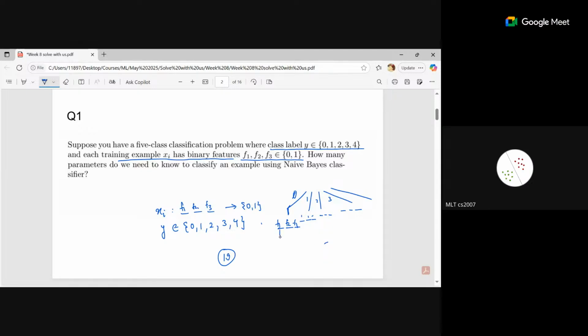Let's say for this one, it will be P1 not of hat, right? This will be P not 2 of hat. This will be P3 not of hat, right? So for every label, you will have three of these parameters that you will have to estimate. So you will have 3 times 5 from here, which is 15.